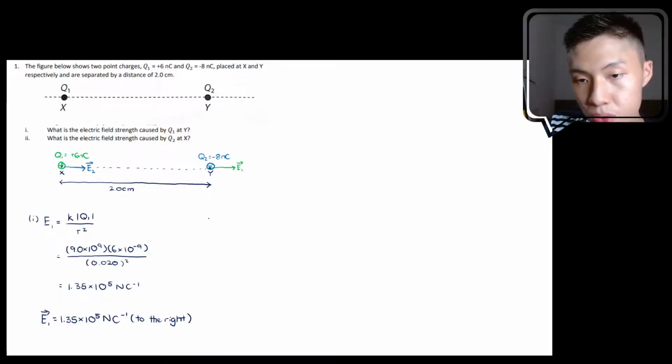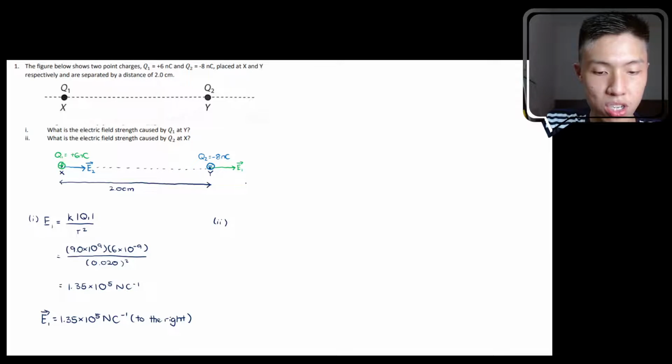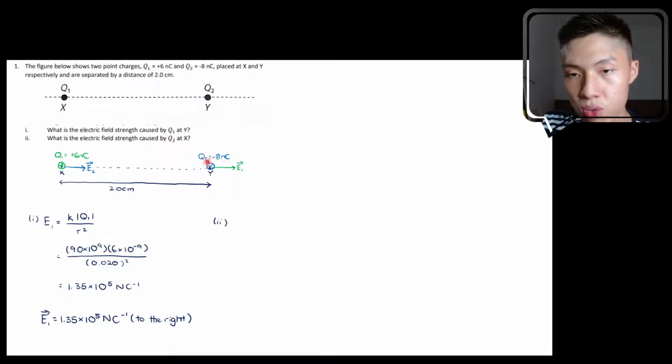Okay, continue. Question 2 asks what is the electric field strength caused by Q2 at position X? So again, Q2 is over here. Q2 will produce an electric field around position Y because Q2 is placed at position Y. So position X is a position that is around position Y, so position X will have an electric field produced by Q2.